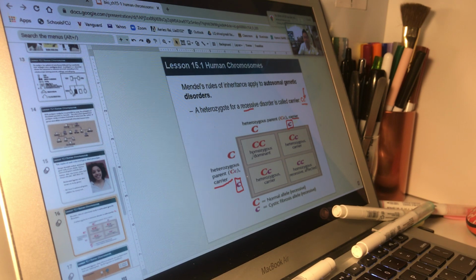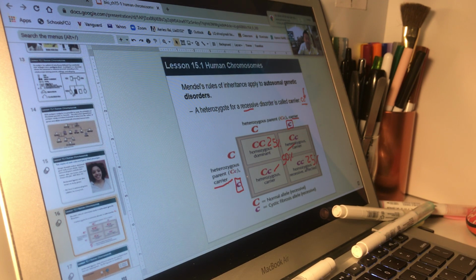Mom and dad have kids. Here's the Punnett square monohybrid cross: 25% chance the baby will be normal, 50% chance the baby is going to be a carrier, and 25% chance the baby will be affected with the disease. The baby will receive the disease from mom and the disease from dad, making it homozygous recessive.